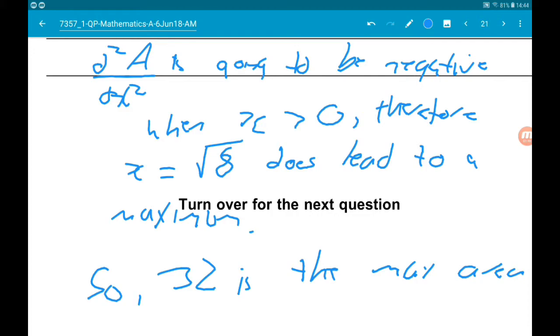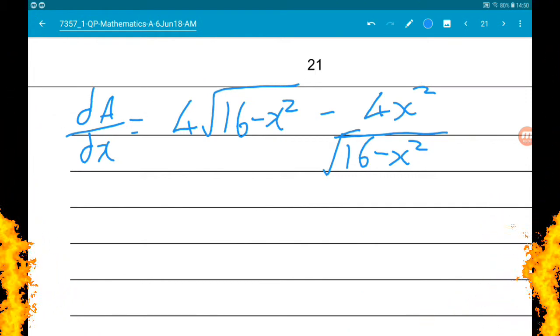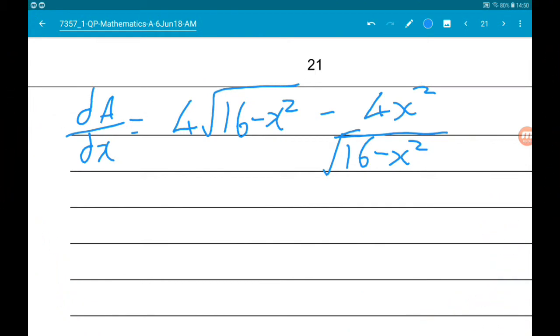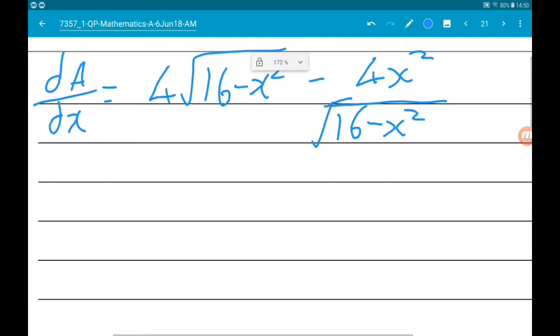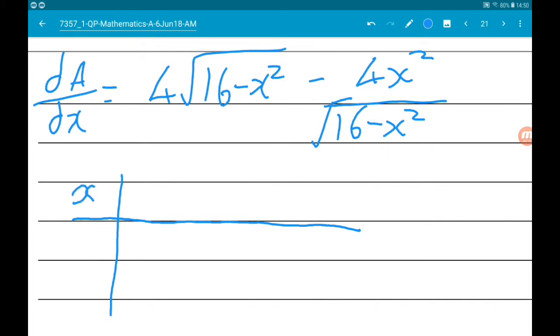Okay, so what we'll do now, we will also have a look at how we could have shown that with a gradient test. Okay, so using a gradient test, remember that the derivative is the gradient of the curve. Let's set up a little table. So let's have values of x going across the top.